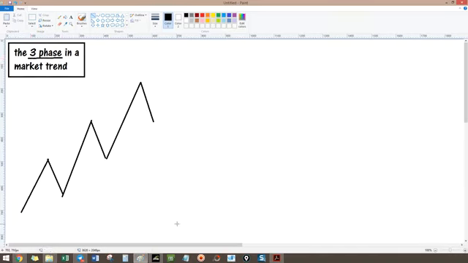All right, so you have something like this in an uptrend market. This is called the accumulation, and then you do the markup, and then you do the reaccumulation, and then you do the markup again, and this one is the excessive.